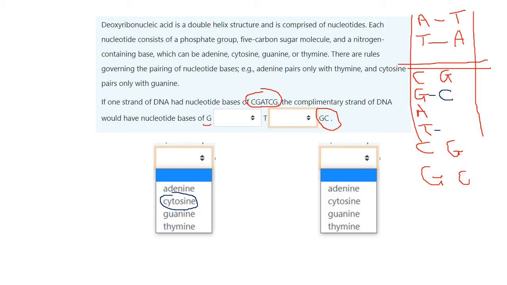We can forget about the A because that's already given, it's the T. And then we're asked for the T, what will the T partner with? Well, the T will partner with A, with adenine. So the first answer is cytosine, and the second answer is adenine. For a question like this, you are advised to write out the chain and then to write out the other chain underneath. This will help you to find the right answer.